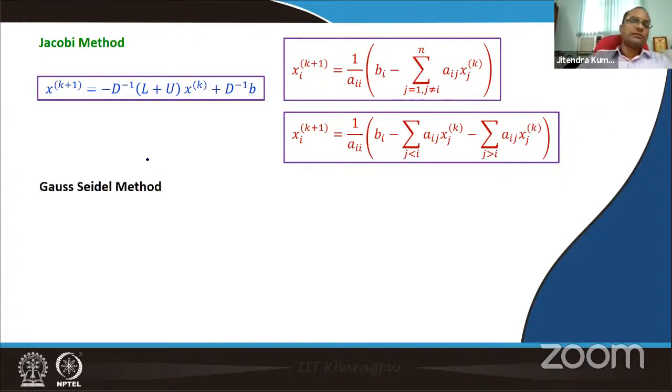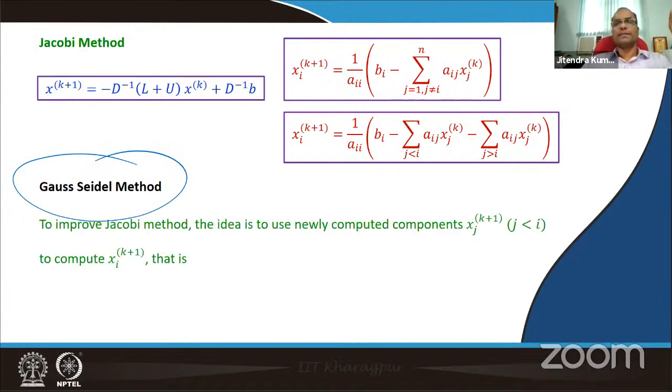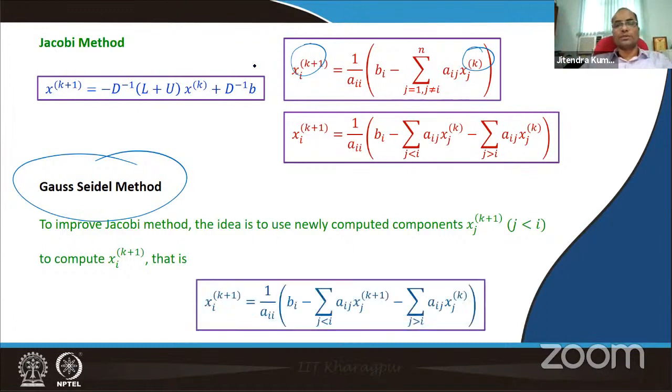The difference comes in the Gauss-Seidel method. In the Jacobi method we are using x^(k), the kth iteration values, to get the (k+1)th iteration values. The idea of the Gauss-Seidel method is to use the latest values.